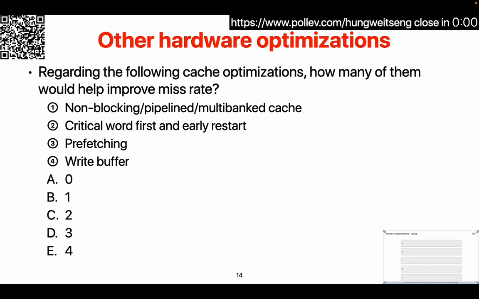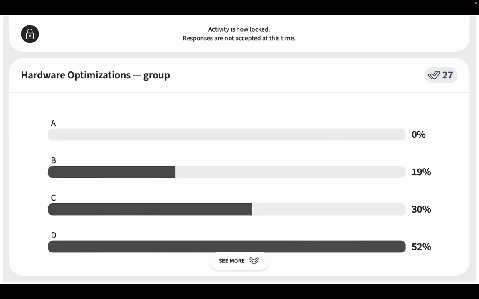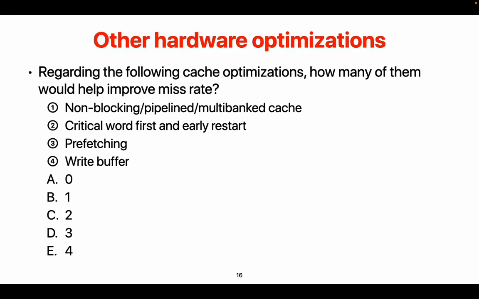All right, let's take a look. So now more than half of you think the answer is D, meaning that three of them you think would improve the miss rate. So there's one thing that you guys don't agree would improve that miss rate. What is that?